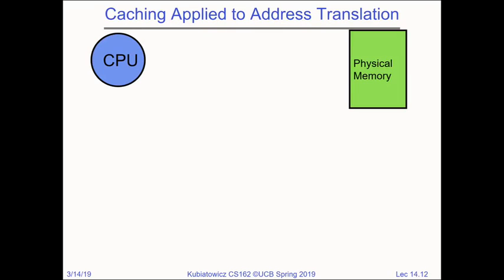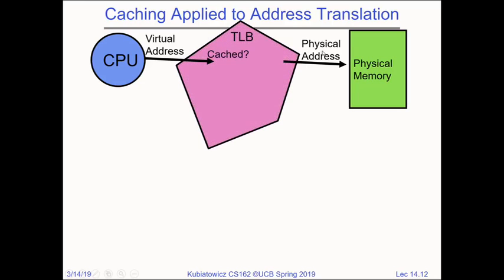So what if we want to apply caching to address translation? We have a CPU on one side with virtual addresses, and physical memory on the other with physical addresses. Virtual addresses come in and physical addresses go out. So what do? Well, we build a big fuchsia-colored pentagonal thing we call a TLB, translation look-aside buffer.